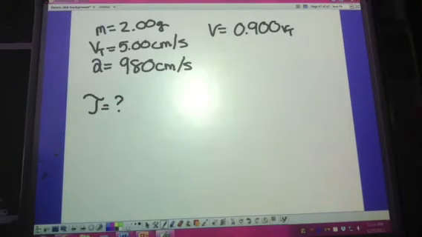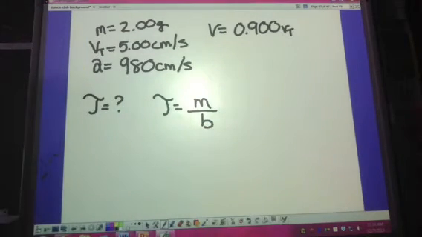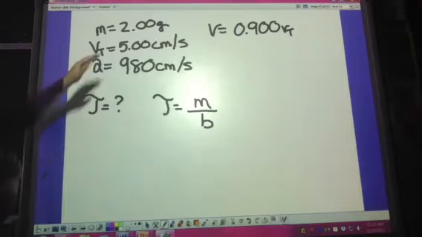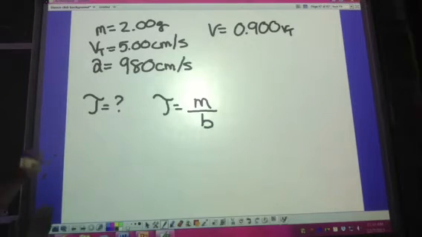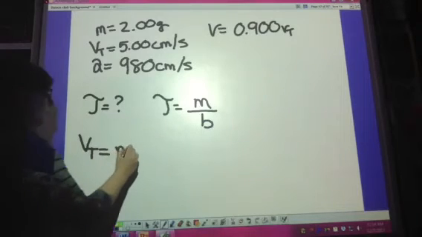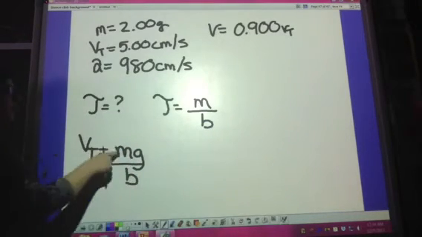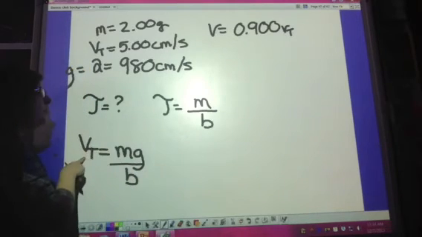And I know that tau can be found by finding mass over B. Well, I don't know B. They didn't give me a number for B. But there's a relationship between terminal speed and B, because we also know an equation that says terminal speed is equal to mg over B. I know mass, I know acceleration due to gravity, I know terminal speed.